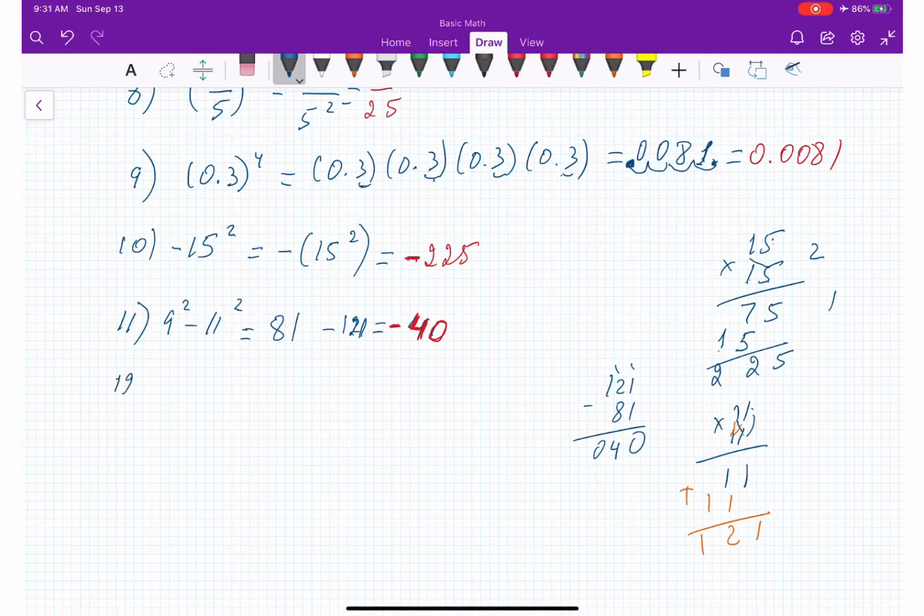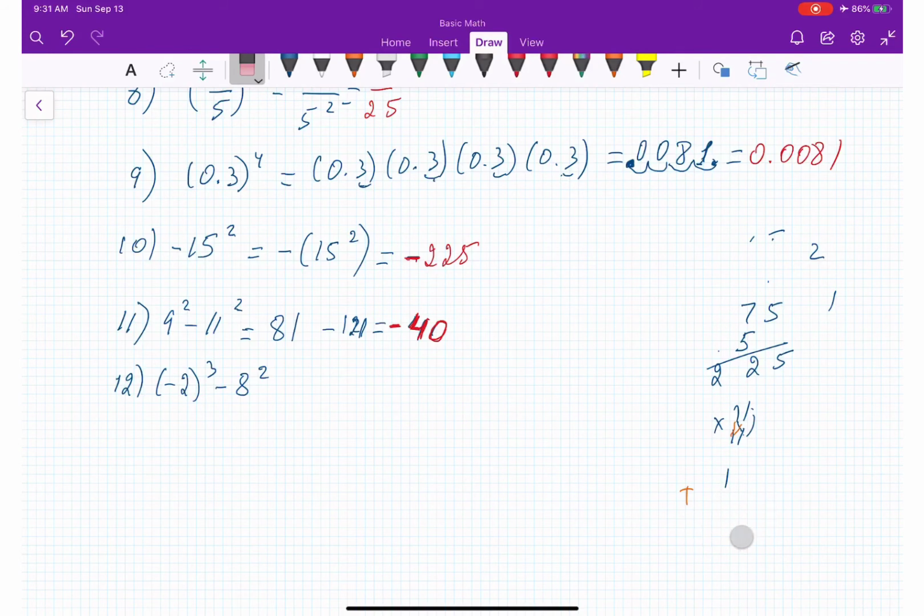Question number 12. Negative 2 cubed minus 8 squared. All right. Let me make space.